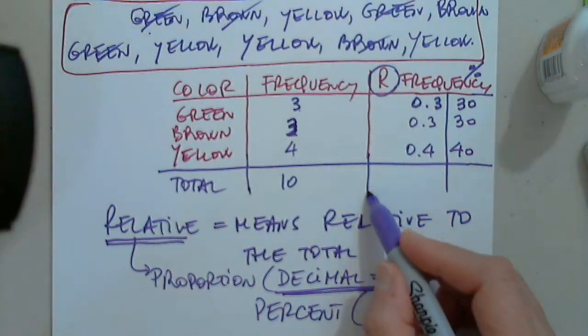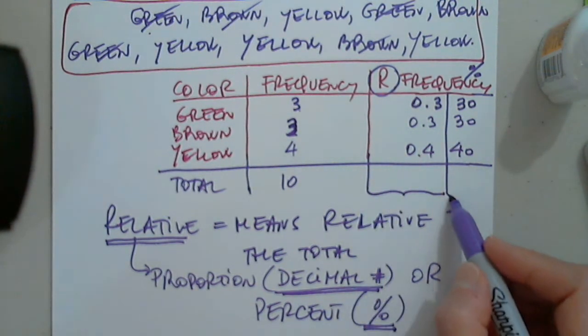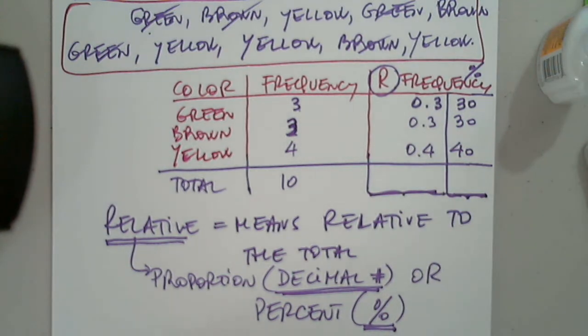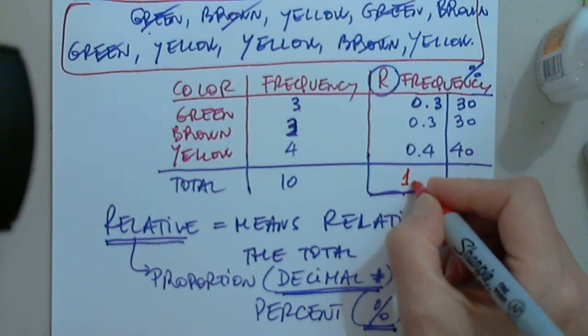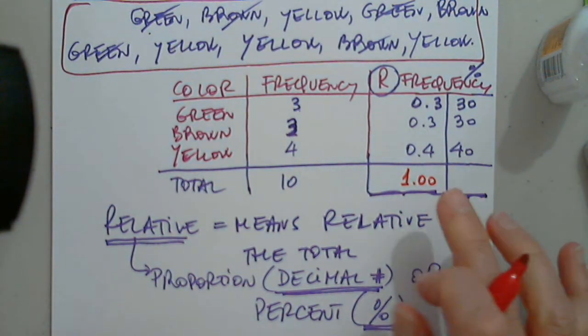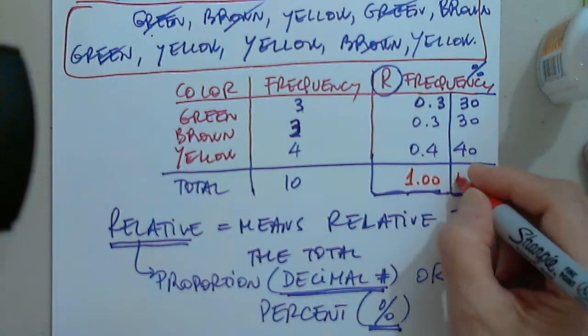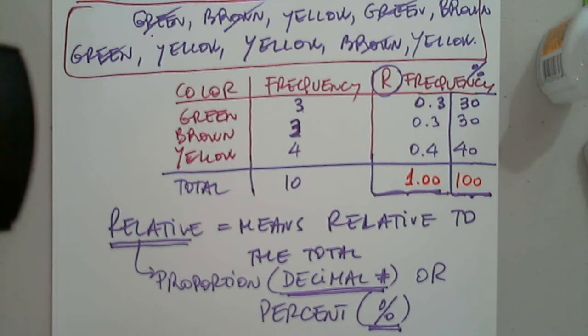I have to make sure that this number adds up to 1 for the decimal, and this number adds up to 100 for the percent. Extremely important, always. You don't have to write it like this, you can just write 1. And this has to be 100%. You always have to check.